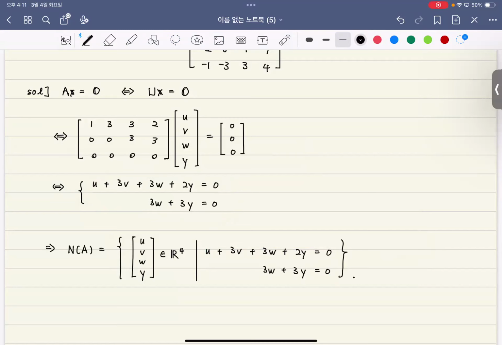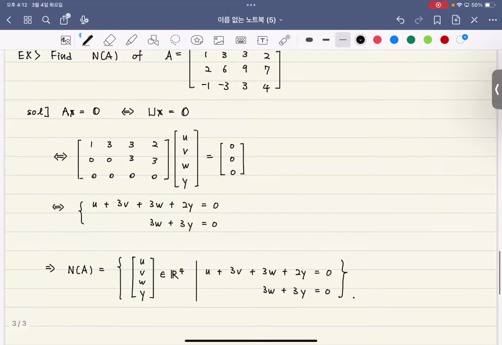Okay. It looks like I didn't do anything. Well, this is a very satisfying answer. This is a very satisfying description of the null space of A.